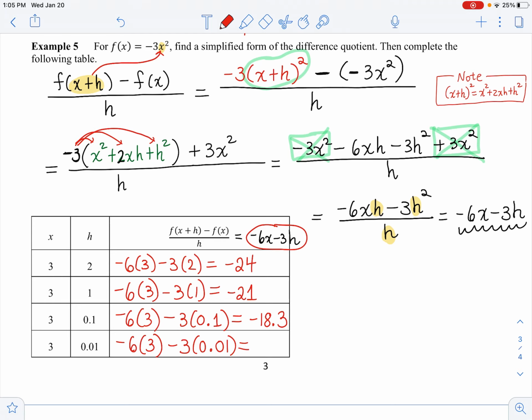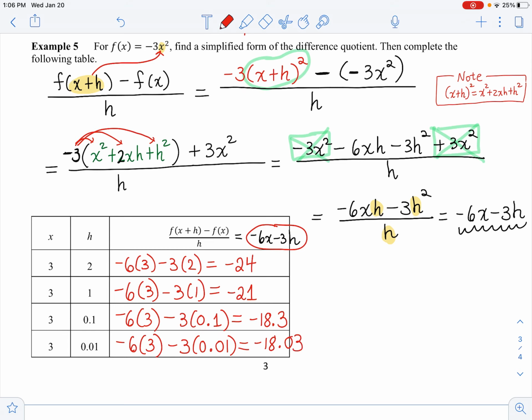What did you get? I was using a free app on my calculator and it's making me watch a commercial. So I'm going to just grab my scientific calculator. Negative 6 times 3 minus 3 times 0.01. I got negative 18.03.